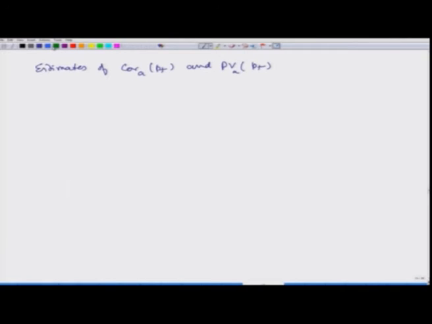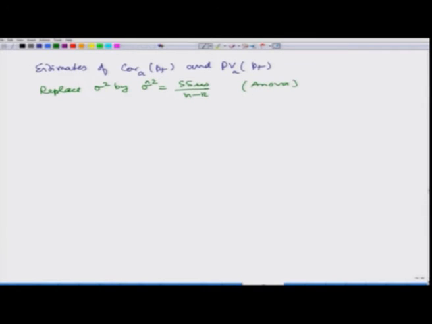In order to obtain them, we simply have to replace sigma square by sigma square hat, which is obtained by the sum of squares due to residual divided by the degrees of freedom, and this sum of squares due to residual is obtained from the analysis of variance table.